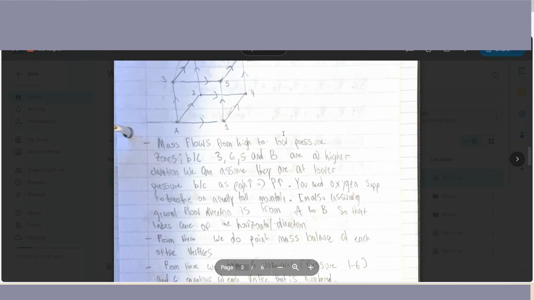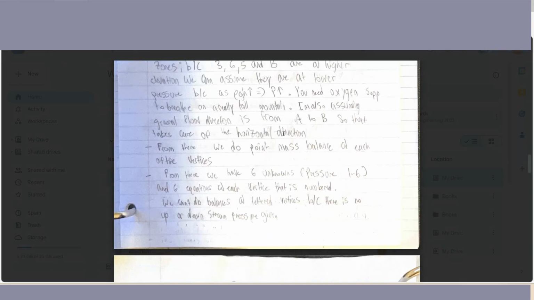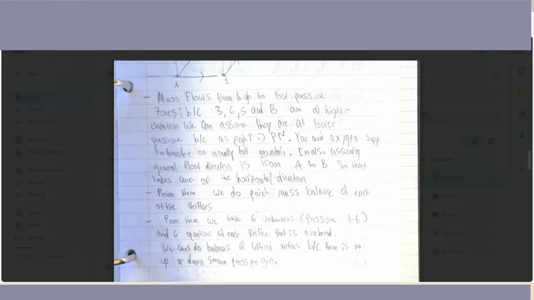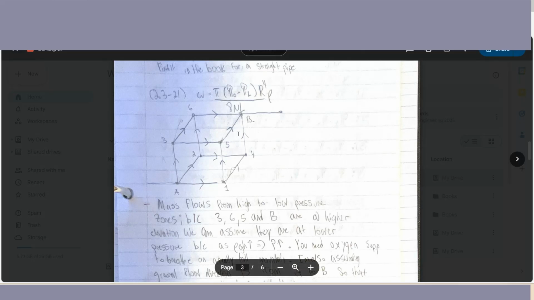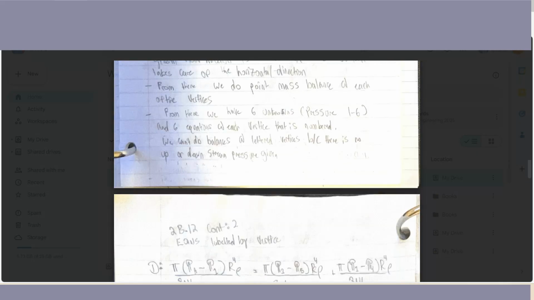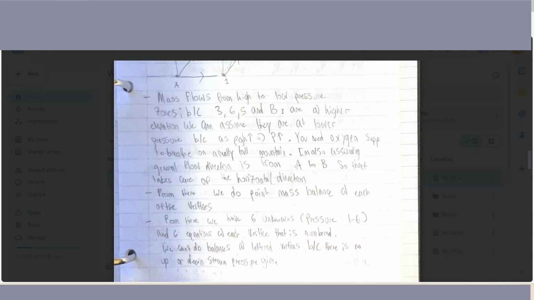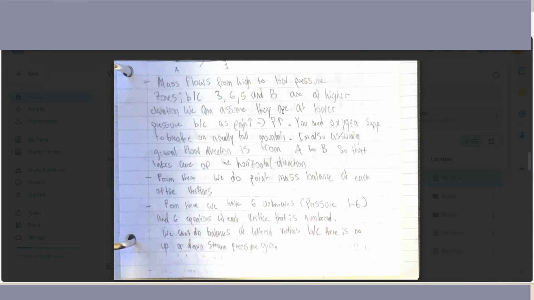And we can't do balances at the A and B points, because to know the air velocity through this point, you would need the pressure at the end of this point too, and you would need the pressure at the end of this point. So we can't do a balance at that point because we don't know those pressures. It's not given. So that's why we only have 6 equations and not 8.